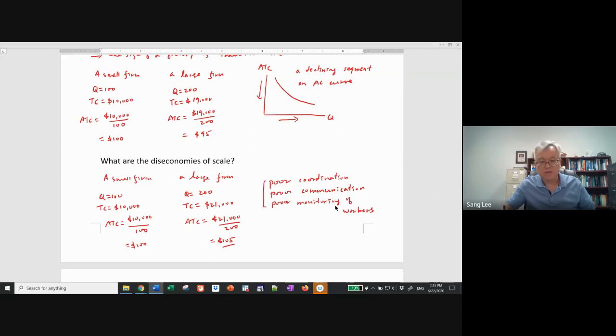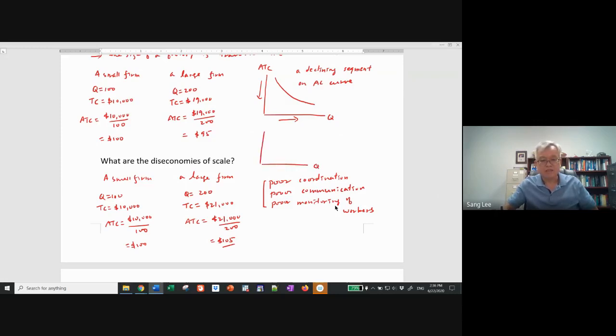So all those sources of inefficiency add up, and actually the cost is rising because you cannot monitor a large number of workers, so some are slacking. And poor coordination means some wasted supplies, so they add up, and average cost is rising.